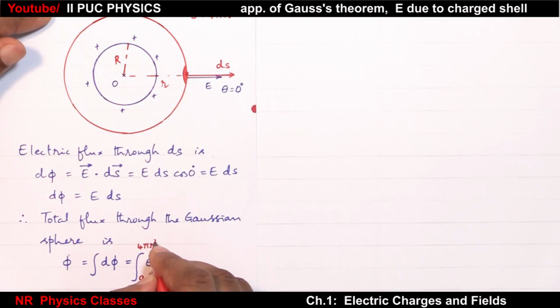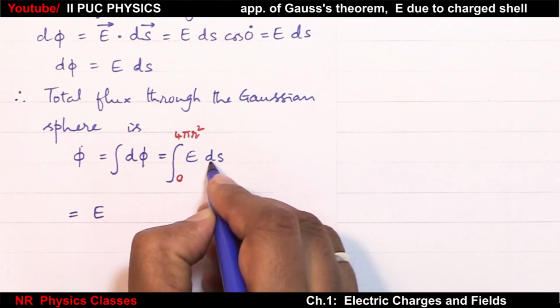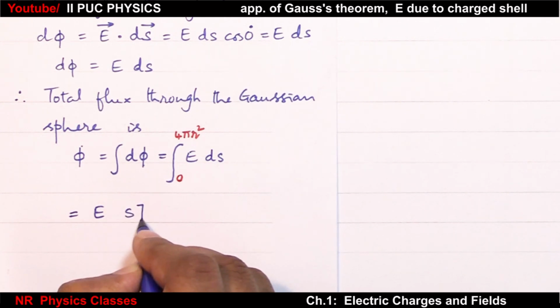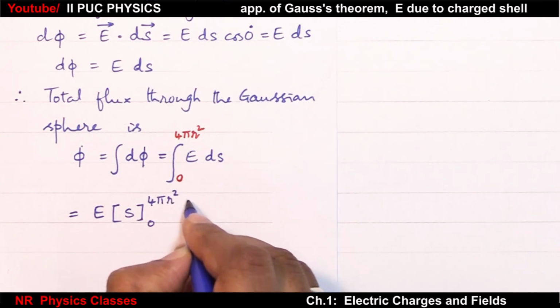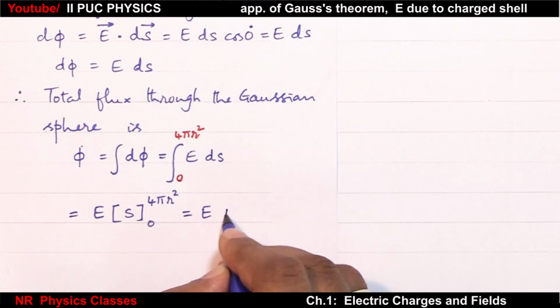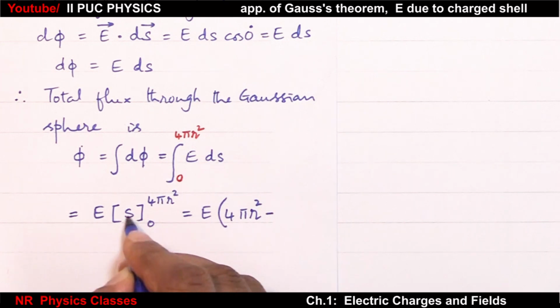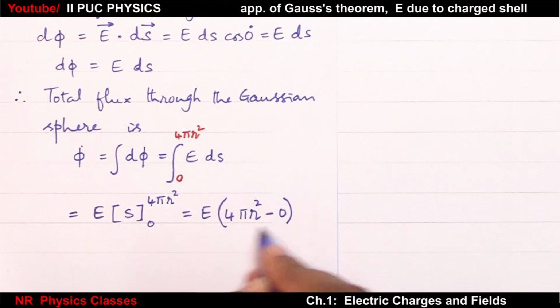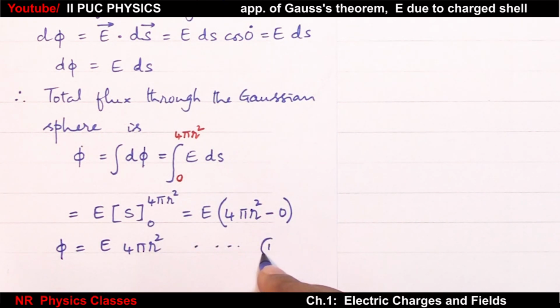This equals E times the integration of ds, which is s with limits 0 to 4 pi r square, equal to E times upper limit 4 pi r square minus lower limit 0. So this is E times 4 pi r square. This is the total flux phi. Equation 1.